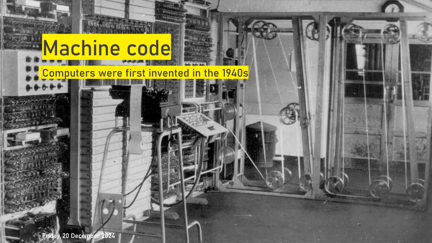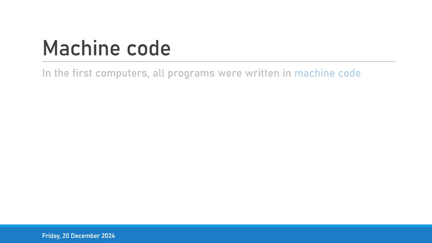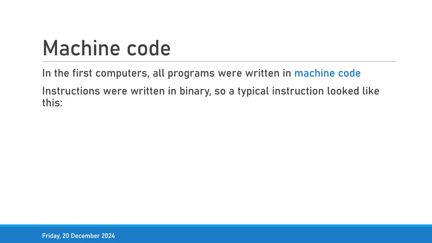Machine code, well, is zeros and ones. When computers were first invented in the 1940s, well, they have to be programmed, right? But they could only be programmed using zeros and ones, ons and offs. Instructions were written in binary, so typical instructions would look like that.